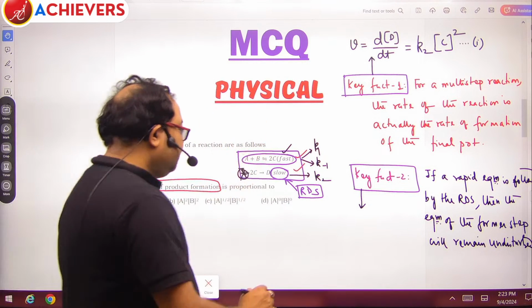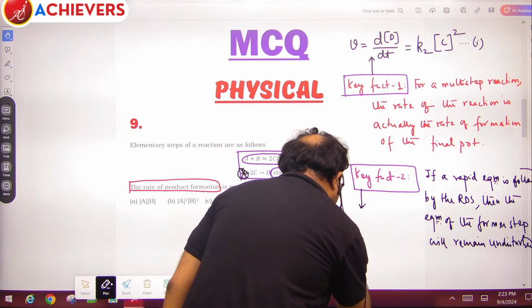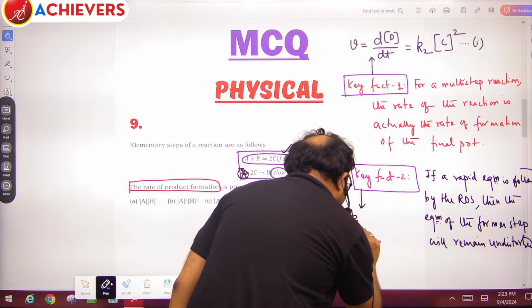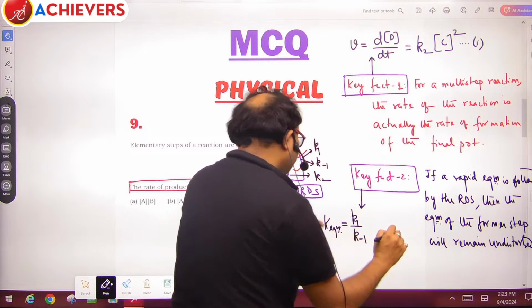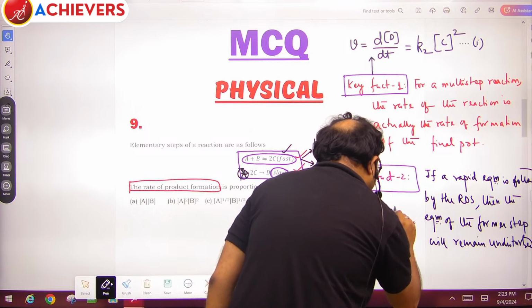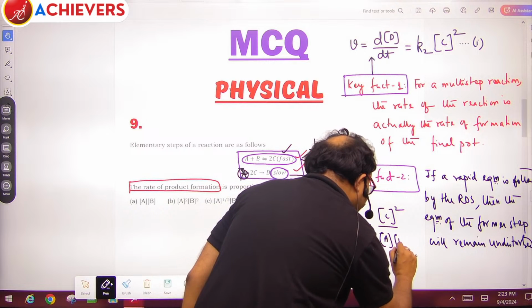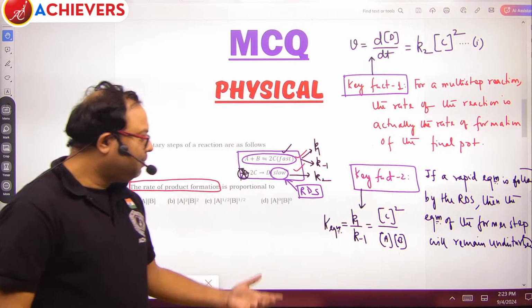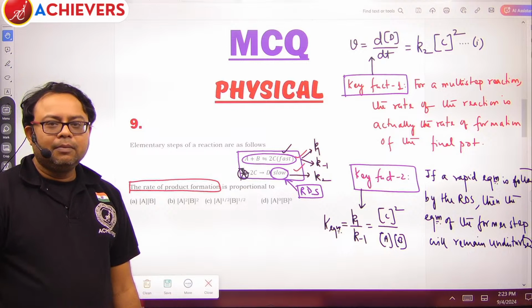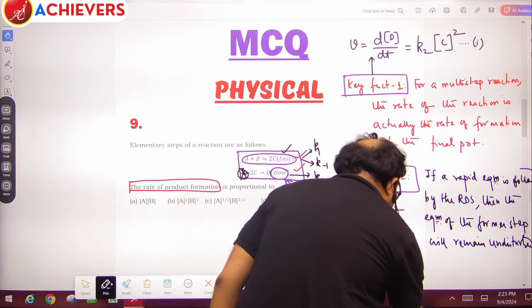That means the equilibrium constant K equilibrium, which is nothing but K1 by K inverse 1, should be equal to C square divided by concentration of A multiplied by concentration of B. So this is my equation number 2.